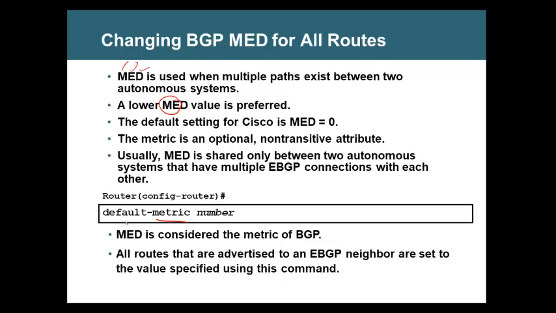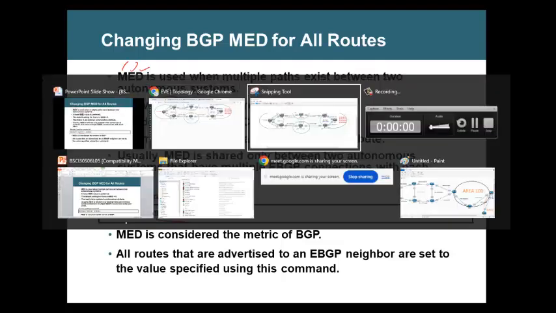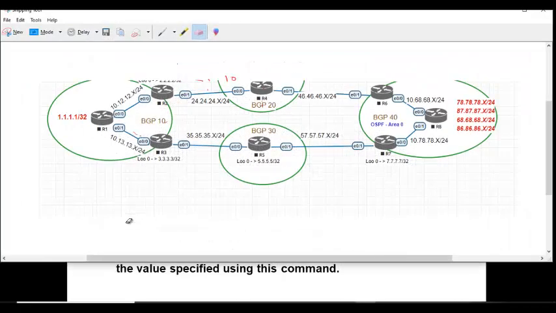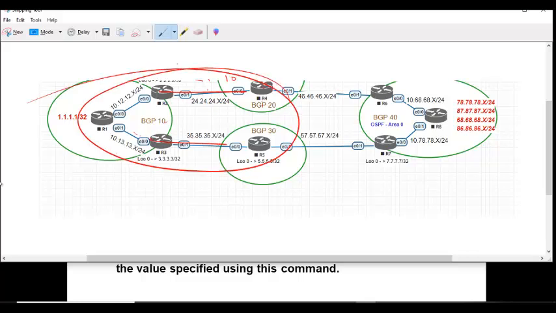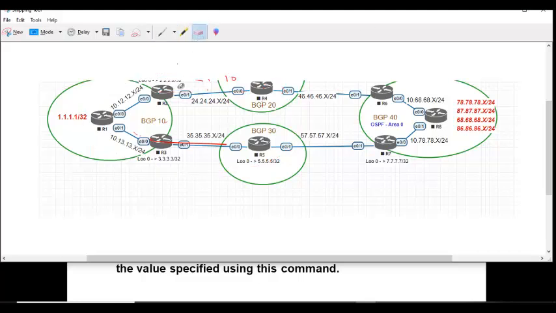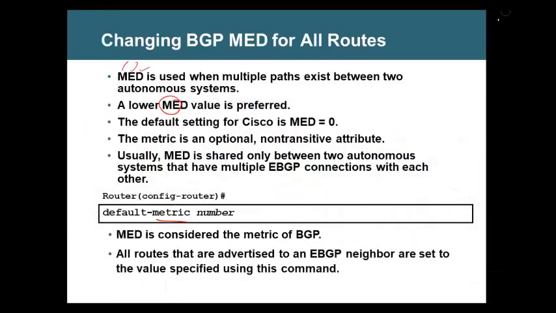MED is used when multi-path exists between two autonomous systems. Just two autonomous systems. But in this case, you don't have two autonomous systems. You got three autonomous systems. Multi-exit is there, 1 and 2, but how many autonomous systems? 3. Not possible. So, that topology we cannot use. We'll use another topology later. Now let us learn first.